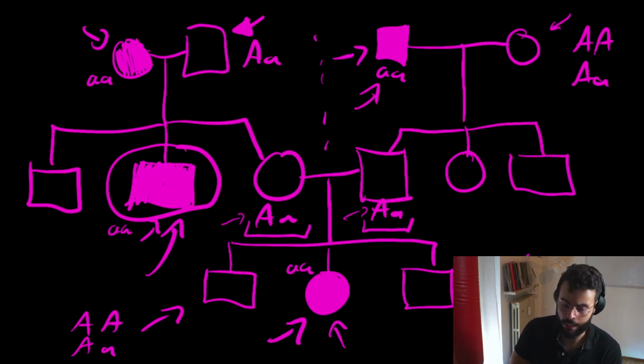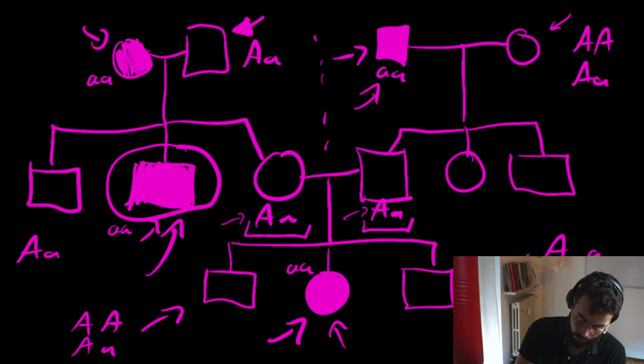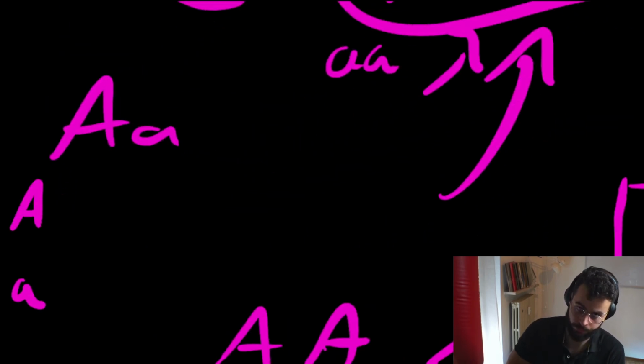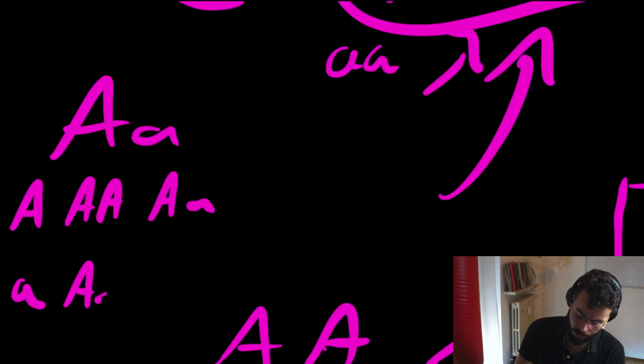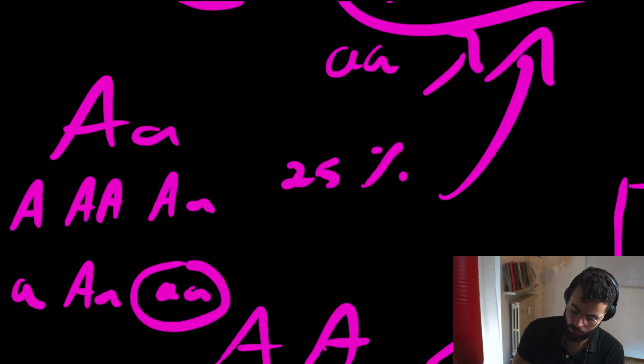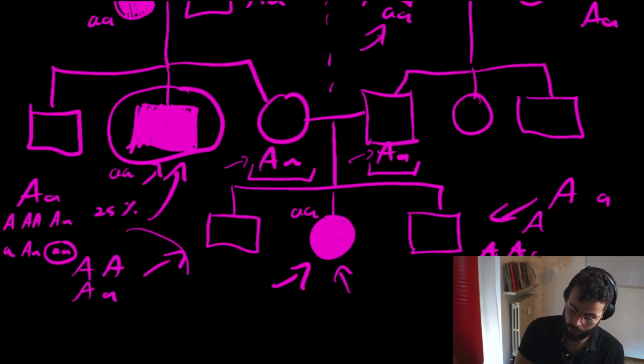Let's try to create a Punnett square to see what we can deduce when both parents are carriers. So you have Aa and Aa. Let me write it over here so you can see Aa and Aa. So you have homozygous, you have heterozygous, and again you have heterozygous, and you have sick. You have 25% for the kid to be sick.